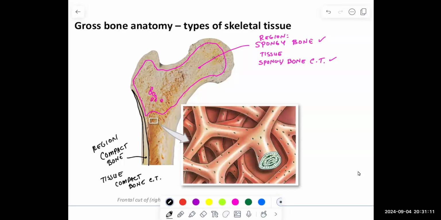On the practical exam, I believe we gave you simply skeletal, compact tissue, or bone, compact tissue. This is both. That's all. Okay, it is both.